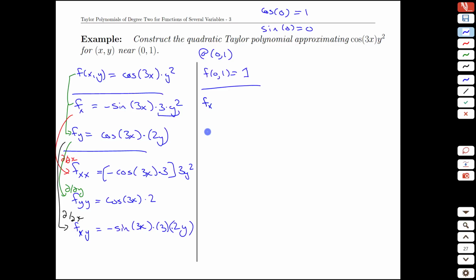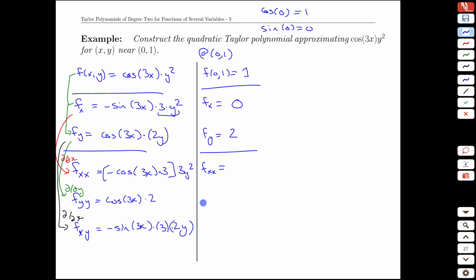And then I won't put the point in, but we're using the point for each of these calculations. We see sine of 0, that's just going to be 0, times some other stuff, but times 0 doesn't matter. Then cos of 0 times 2y, cos of 0 is 1, so we get 1 times 2, that'll be 2.